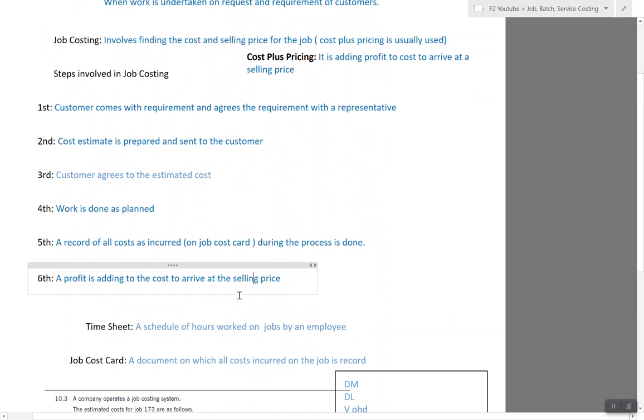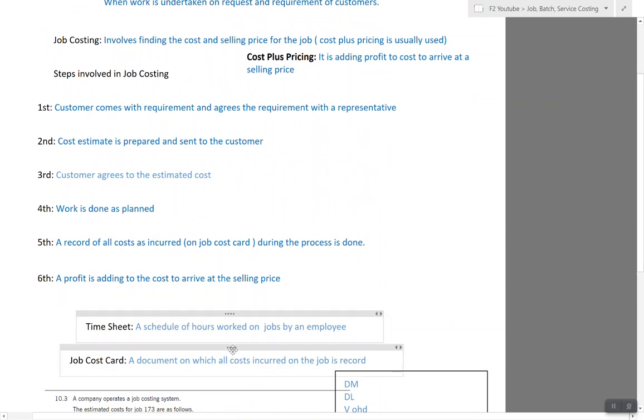To record the cost, we have something called a timesheet. A timesheet is specific for recording hours that a company spends on the job of a client. So it is something specific. And then in the job cost card, we write all the details. It includes material, overheads, labor, and everything.